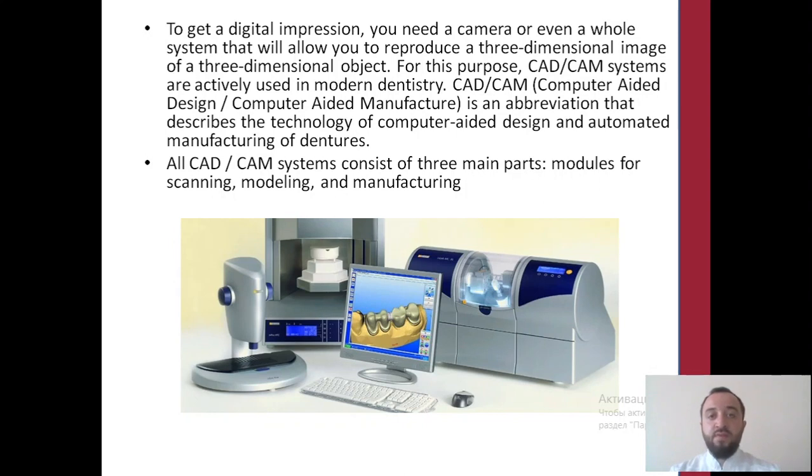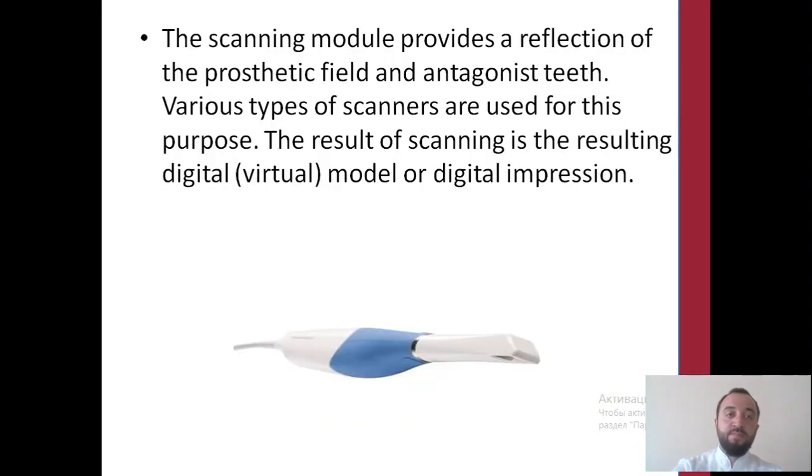CAD-CAM is an abbreviation that describes the technology of computer-aided design and automated manufacturing of dentures. All CAD-CAM systems consist of the main parts: modules for scanning, modeling, and manufacturing.